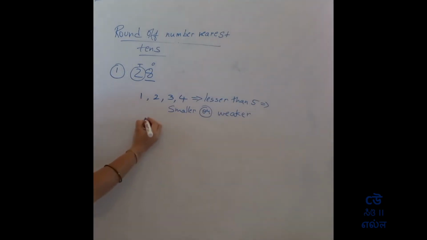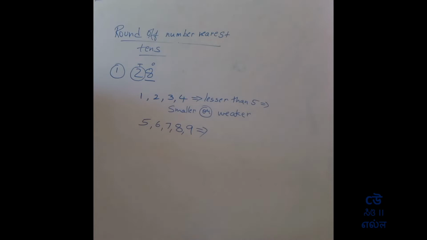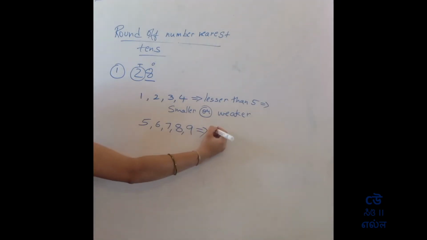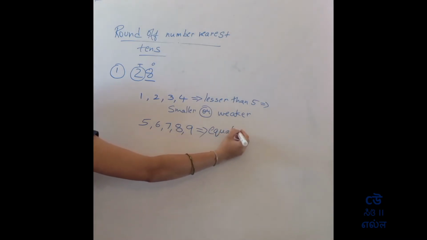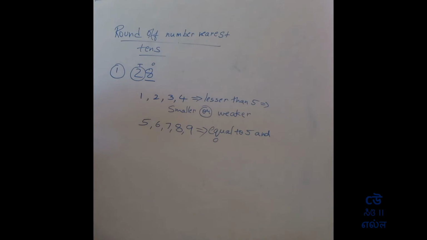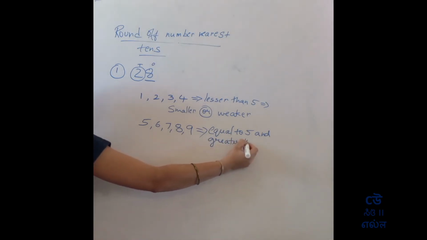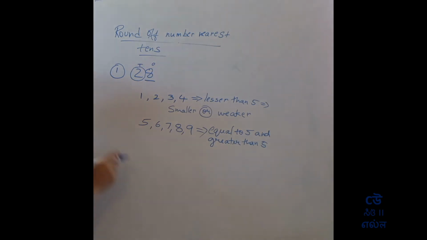Okay. Next, 5, 6, 7, 8, 9. If these numbers are there, it's equal to 5 and greater than 5.